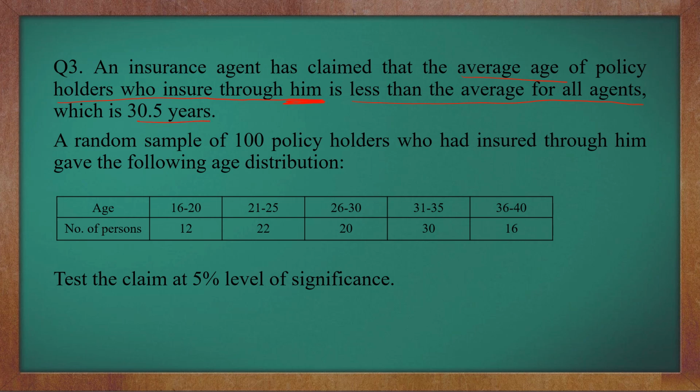He is saying the people who insured the policy through him, their age is less than 30.5 years. The sample collected is 100 policy holders for that person, and this is the data. At 5% level of significance, we need to check.